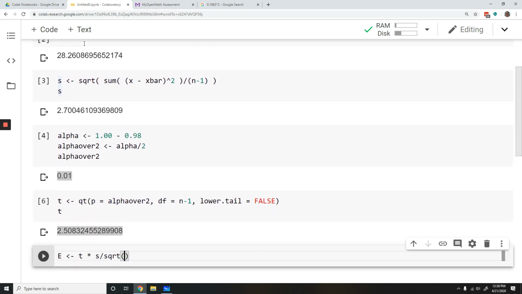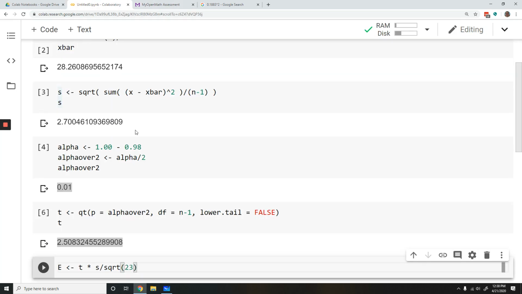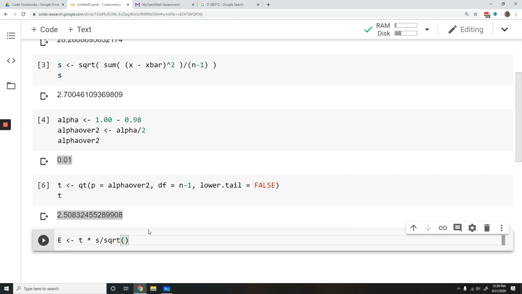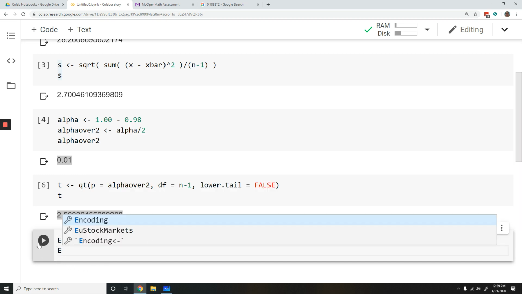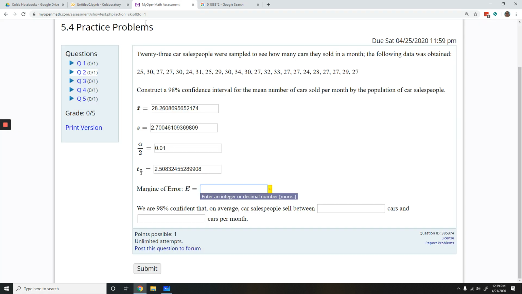The sample size we are told in the problem, it's 23, so you could either type in 23, or if you stored it in a variable, just type in the name of the variable, so n in this case. Then I'm going to type E one more time so I can see what it actually is. So my margin of error is 1.412. So let's copy that whole thing, paste it in.